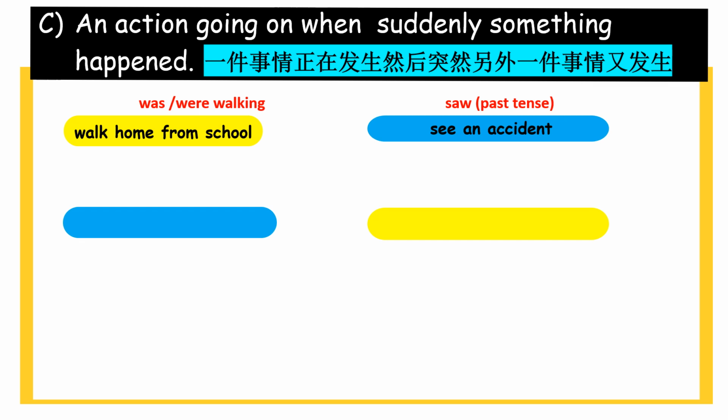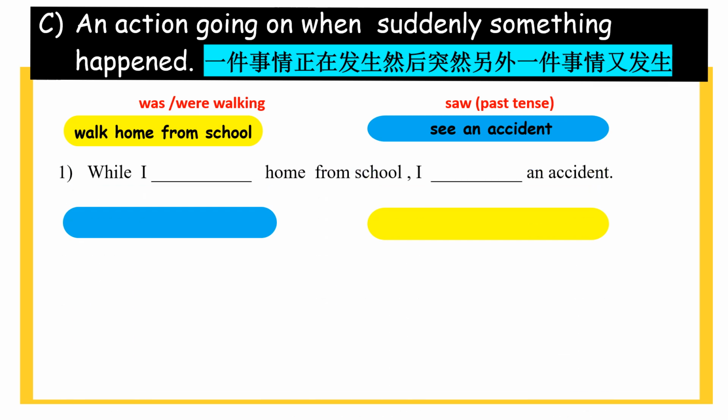So when you write the sentence, while I home from school, I an accident. 所以说当我正在从学校走路回家，我看到就是突然的，所以 you don't need to write the word suddenly.